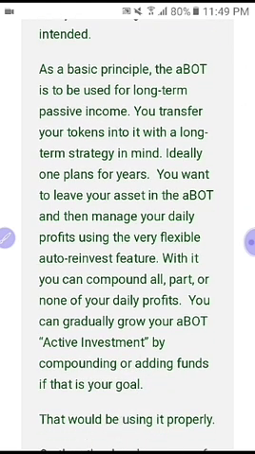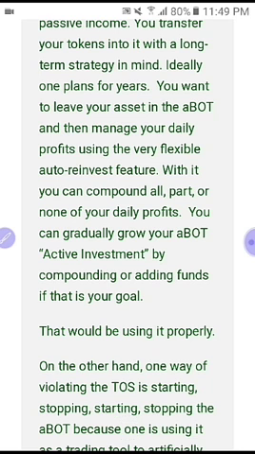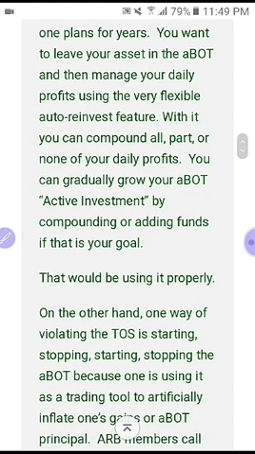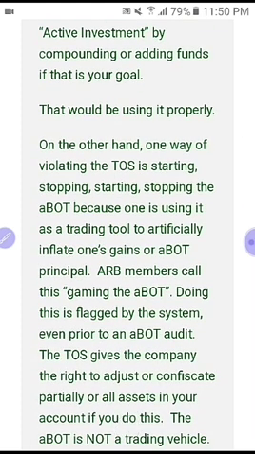You can also transfer your tokens into it with a long-term strategy in mind. Ideally, one plans for years. You want to leave your asset in the IBOT and then manage your daily profits using the very flexible auto investing feature. Also, with it, you can compound all, part or none of your daily profits. You can gradually grow your IBOT active investment by compounding or adding funds if that is your goal. That will be using it properly.